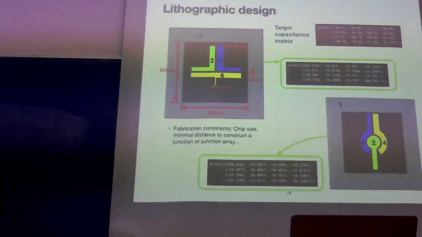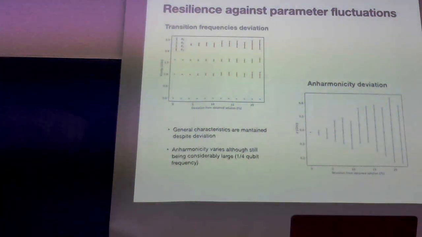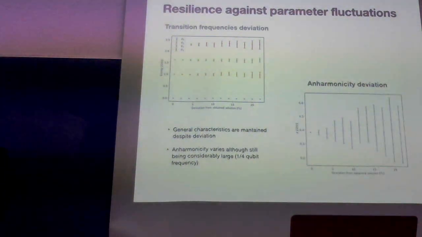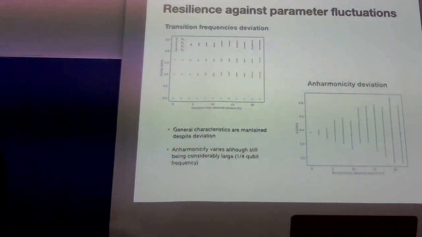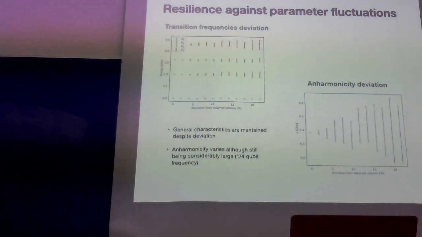We've been running, I mean, I don't have it yet, but here we've been taking the values that we have from our design and changing them by a certain amount randomly, computing the characteristics and seeing how the characteristics vary for different degrees of deviation.